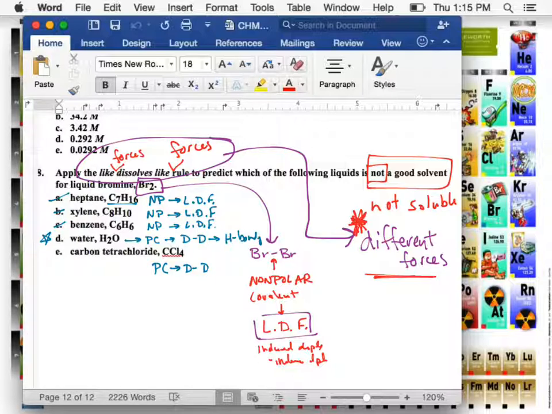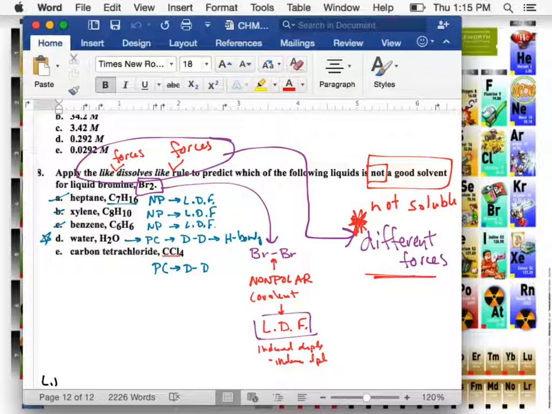Right? We're looking for different forces. Well, is dipole-dipole different than London dispersion? Yes. Hydrogen bonding was different than London dispersion. So which answer becomes the correct answer? Which one is the most different? The most different is really asking us, do you actually know the order of our strength of our forces?